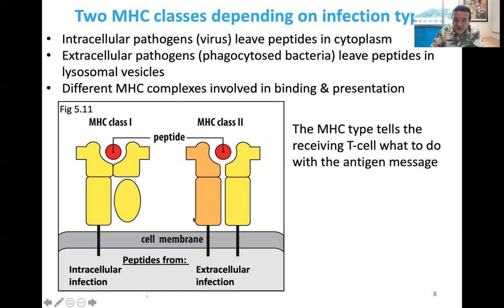Whereas MHC class 2 is made of 2 more similarly sized chains that are in parallel, and you don't have this extra separate globular protein stuck to it.